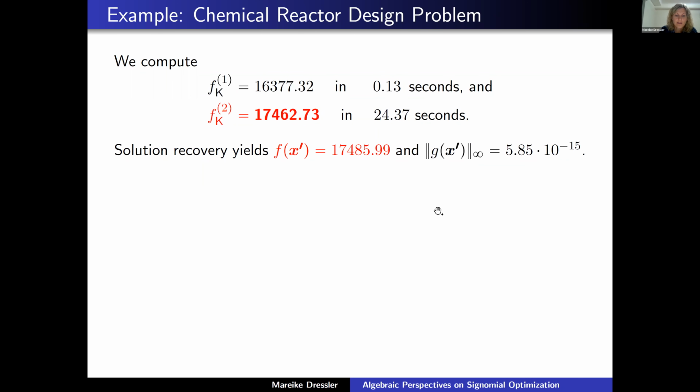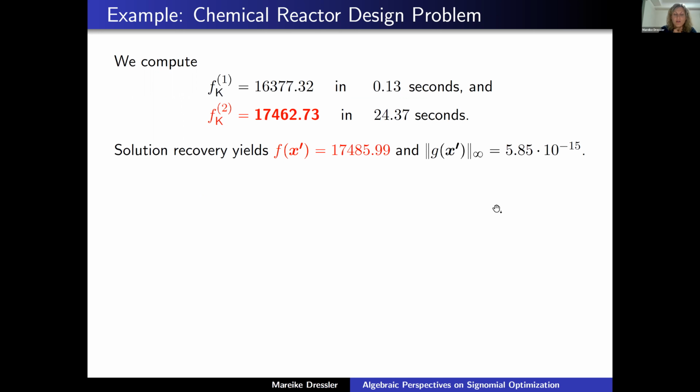And we see that this point is feasible nearly to machine precision. So one can reasonably conclude that this f(x') is an upper bound to f_k star, our optimal value.